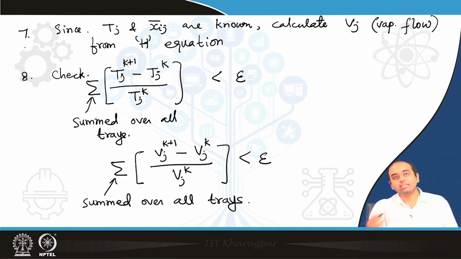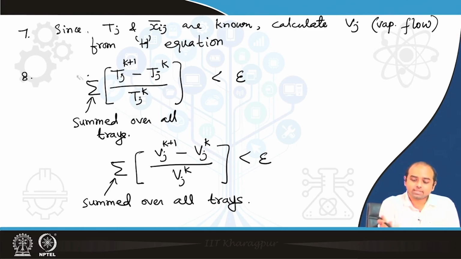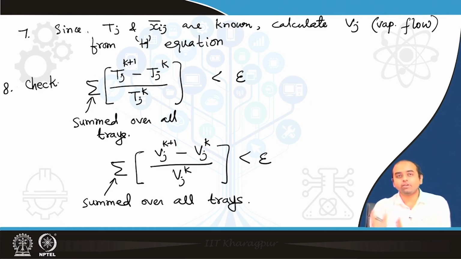Please note that in each of these iterations you have to set up and solve the tridiagonal matrix, get the individual tray compositions, and then check for these two criteria: the temperature as well as the vapor flow rate. These two criteria need to be checked for convergence, and each of them has to be satisfied individually.